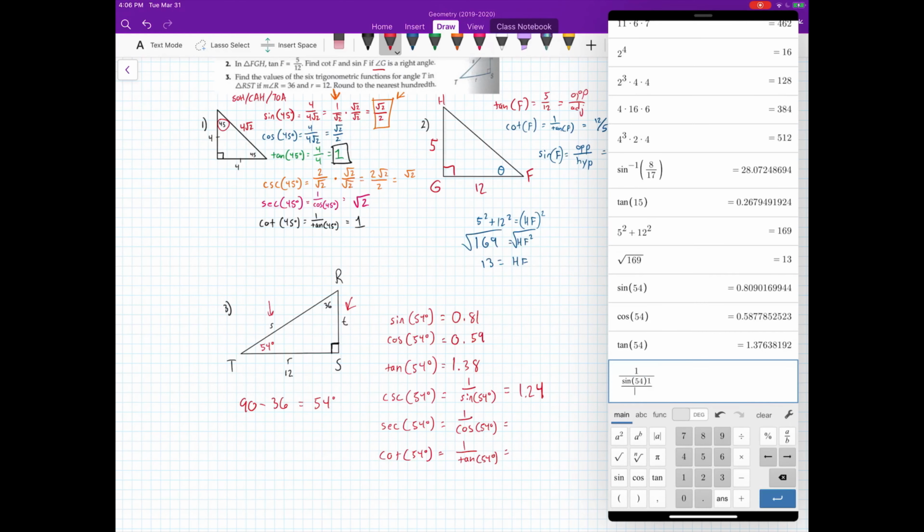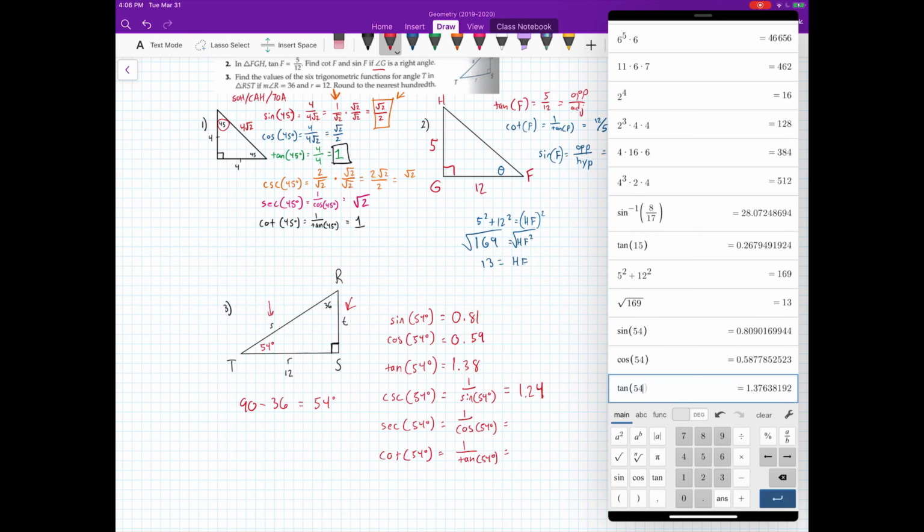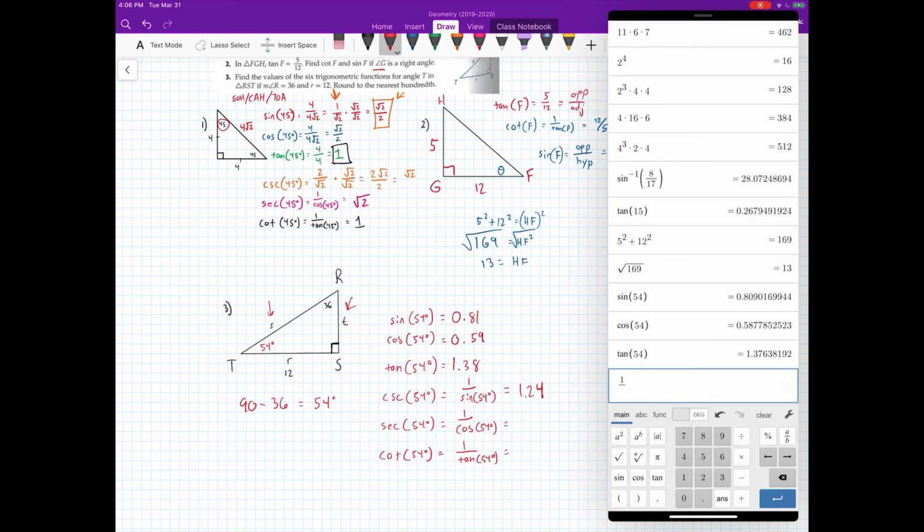You could double check that if you want. If you do 1 divided by 0.81, it should get you about the same number, and you see that it does. Pretty close, but that one is not quite right since we rounded.